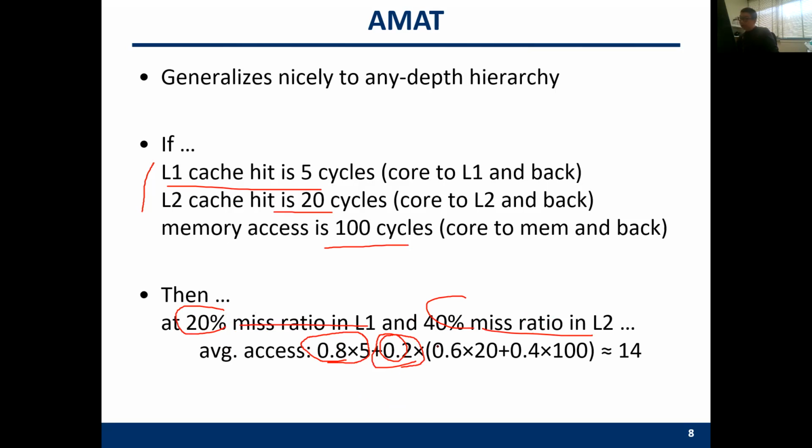Among this 20%, 40% will go to the off-chip memory, because the miss ratio of L2 is 40%. And among this 20%, 60% actually hit in the L2. So I use 0.6 multiply 20 here. So in this way, I can get this value.